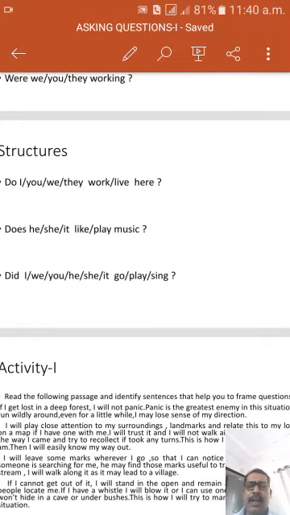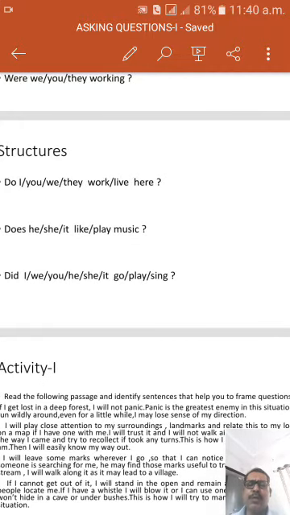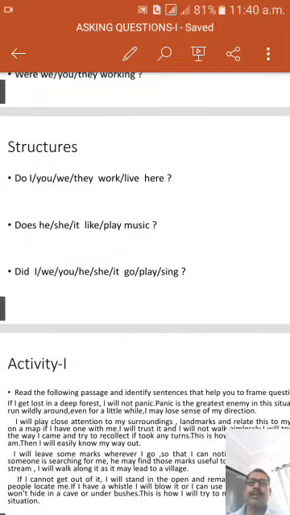And another important point to be noted is with these questions we use the V1 form of the verb. See, in the first example we used the verbs work or live. In the second example we used the verbs like or play.